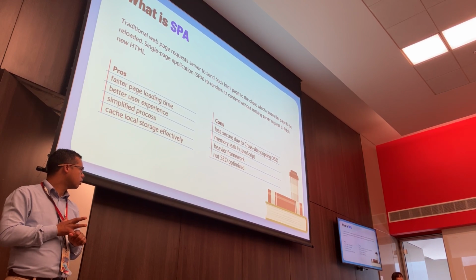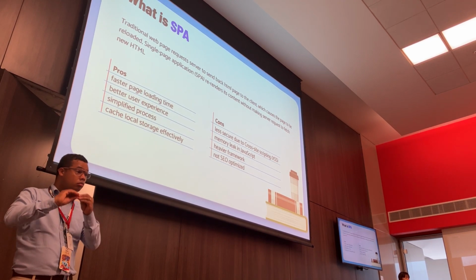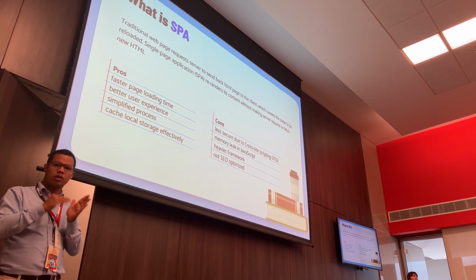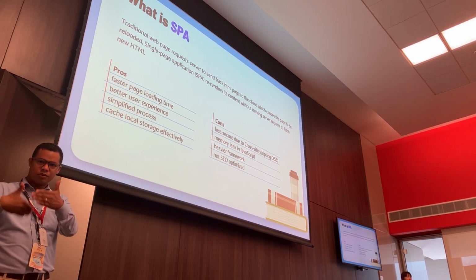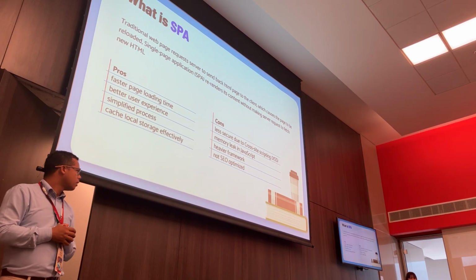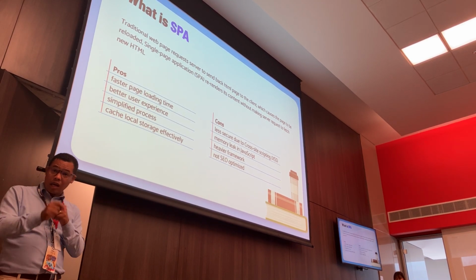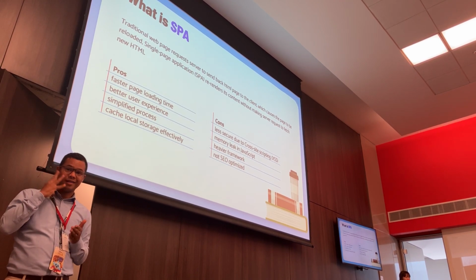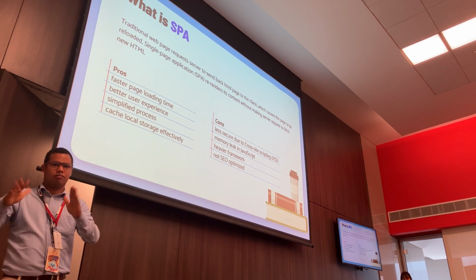So it's very similar to what we do now for mobile development. We just ask for data in, for example, JSON format, and we parse it and display it. This is probably the most common web technology at the moment. It's very fast to load, has very good user experience, and it simplifies the process a lot. You can also cache locally.